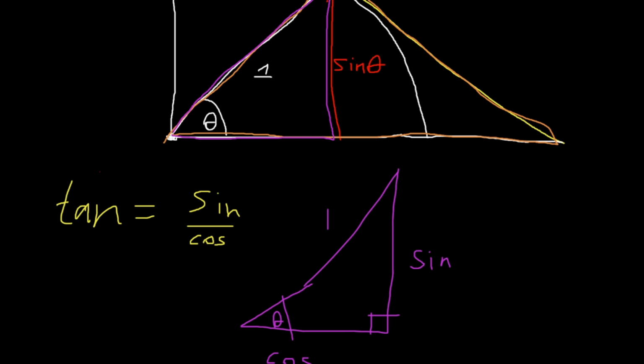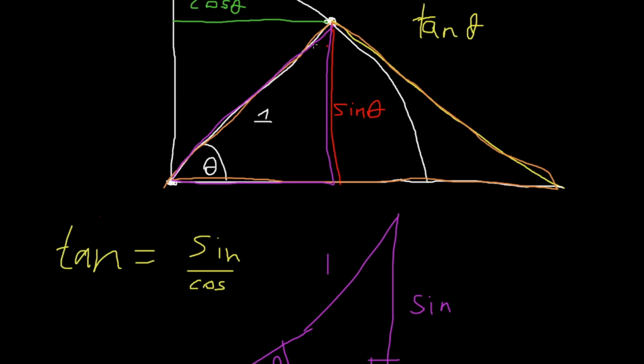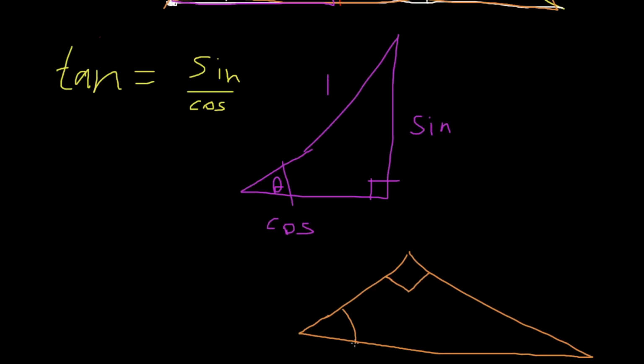And then this orange one, I'll try it right now. That's a 90-degree angle right there. And then this is the same theta. And then, so if there's a 90-degree angle here, 90-degree angle here, and then these are both thetas, then this angle must be the same.